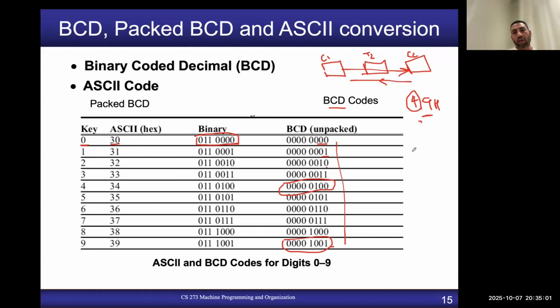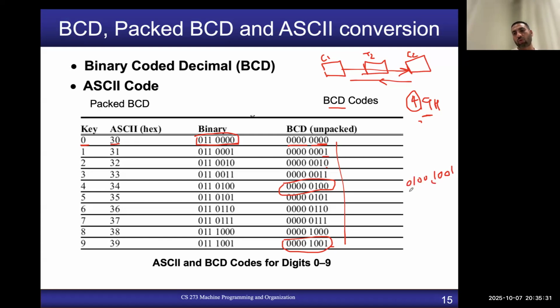So what we can do is use the packed version of the BCD code, where we use the lower 4 bits to represent one digit and the upper 4 bits to represent another digit. So in the packed version I will have only 8 bits: I will use the lower 4 bits to represent the BCD code of 9, and then the upper 4 bits to represent the BCD code of 4, which is 0100.